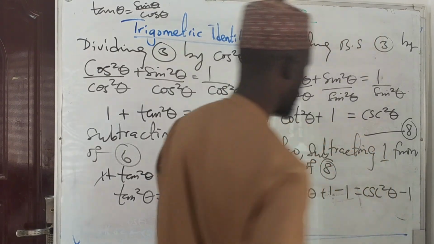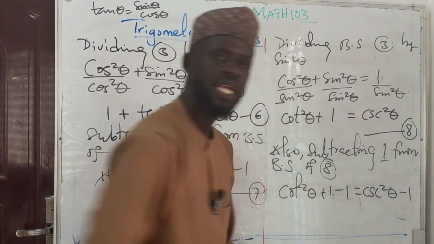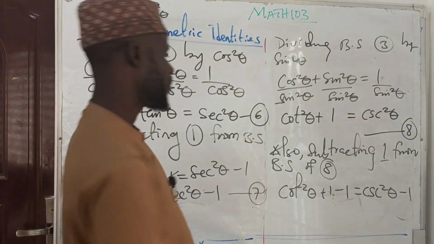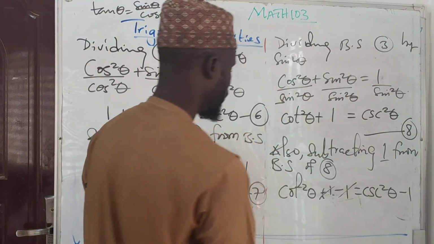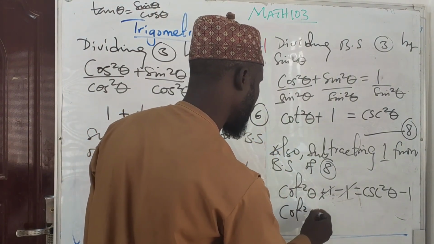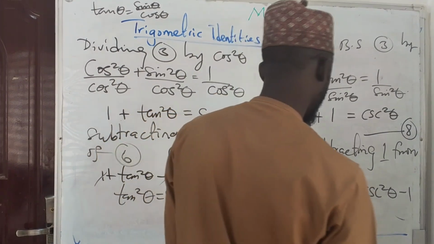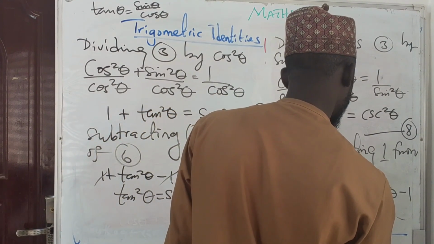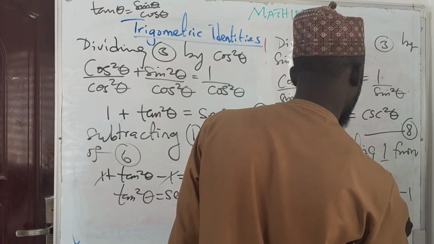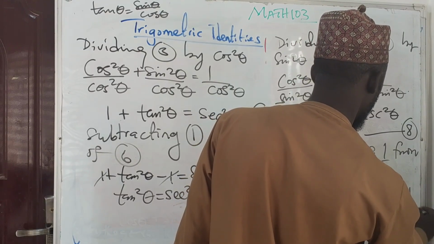You have subtracted 1 from both sides of the equation, and so 1 minus 1 goes. You are left with cot squared theta is equal to cosec squared theta minus 1. Give it equation number 9.